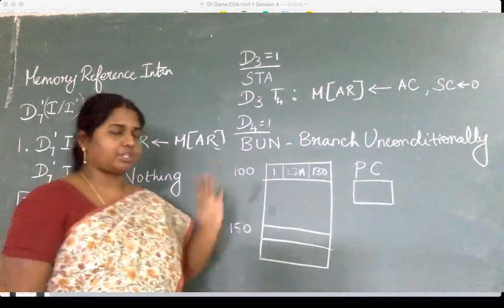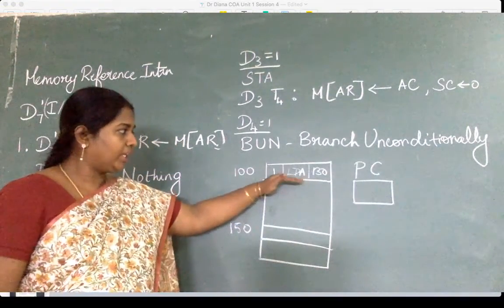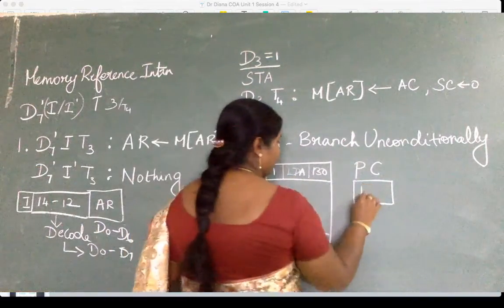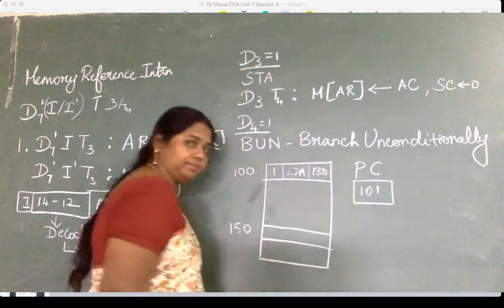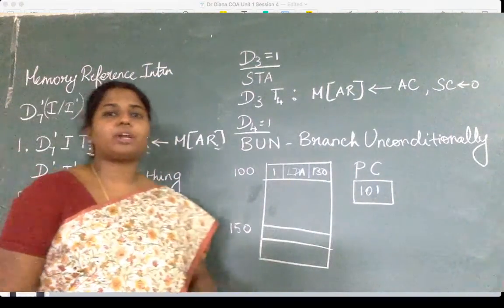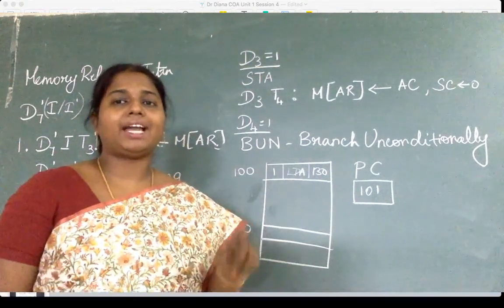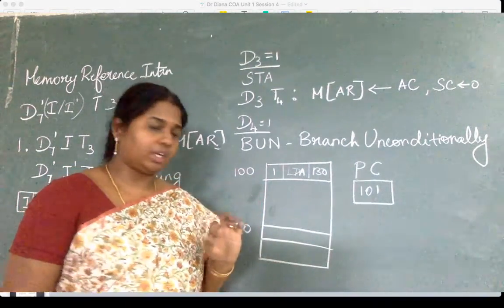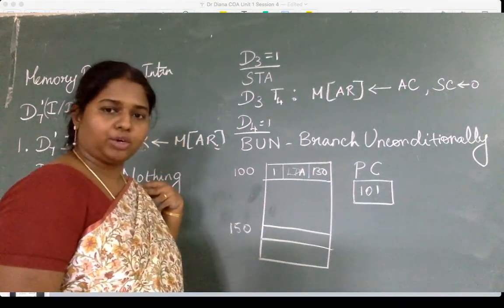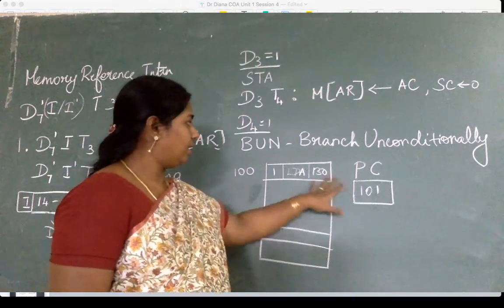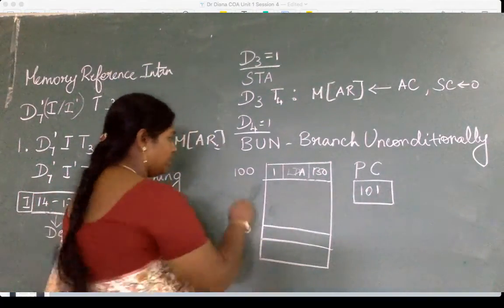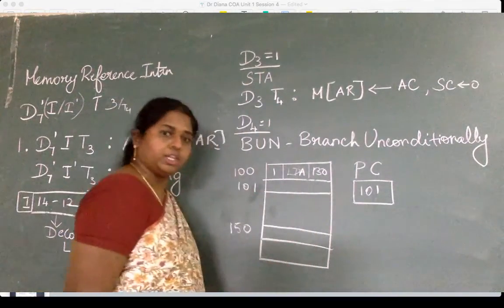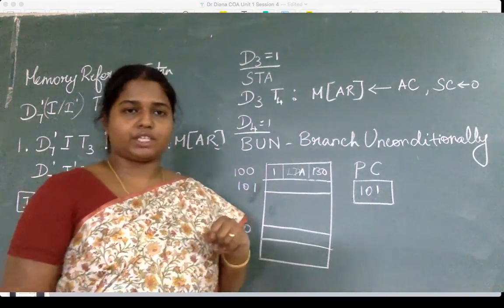When I am executing this instruction, the program counter's value will be 101, because the program counter points to the address of the instruction to be executed next. So the next instruction is at memory location 101. This is the normal flow of execution.